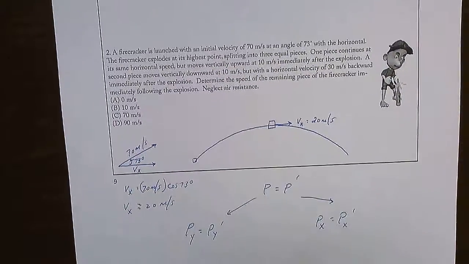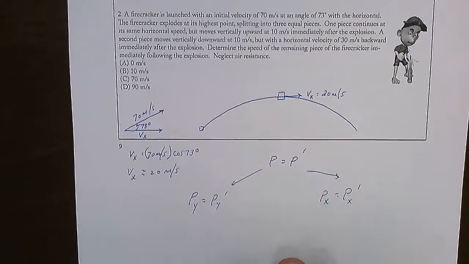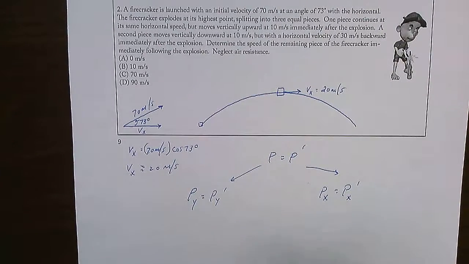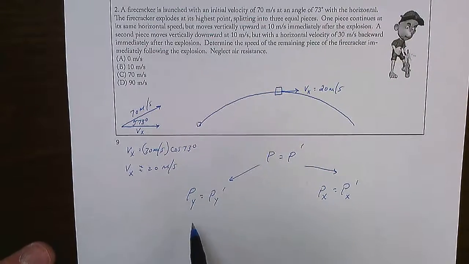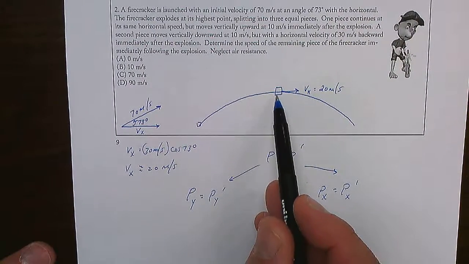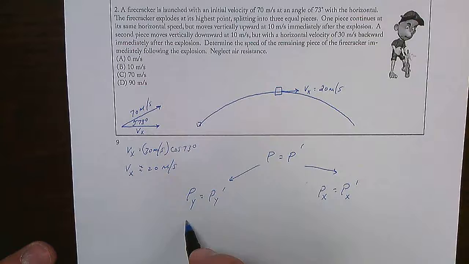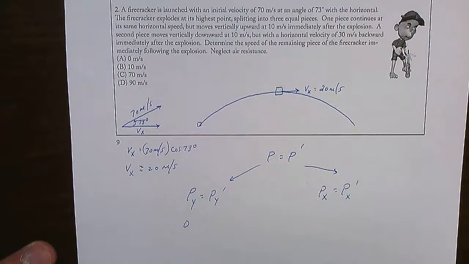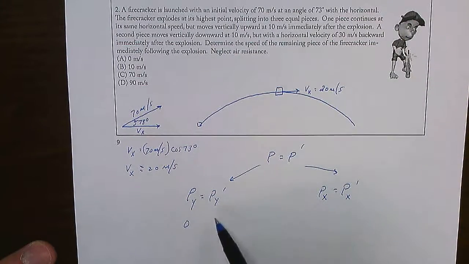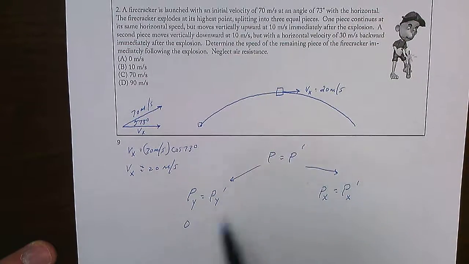So how do we take care of this math? Well, this is a legitimate potential for an AP question. And the only way that this would work out is if one of these two planes cancels each other out, right? And what do we know about the y momentum of this object? The y momentum of that object is 0, which means the y momentum after the collision for the system must be 0.